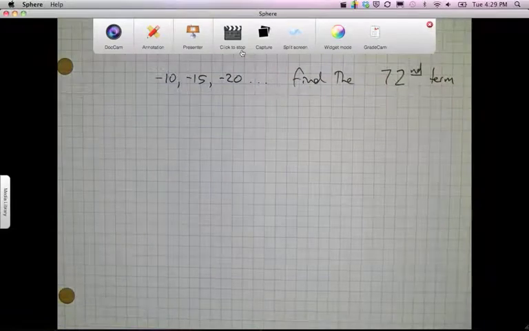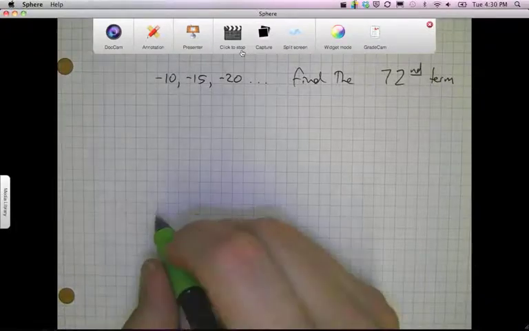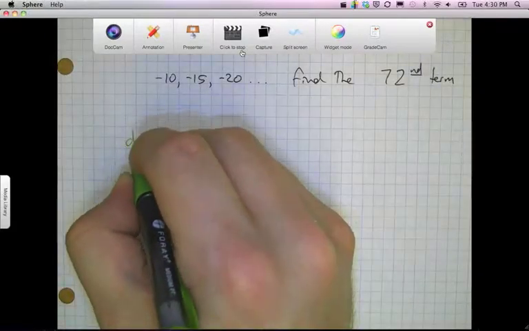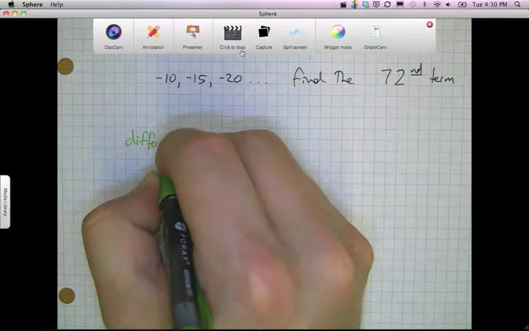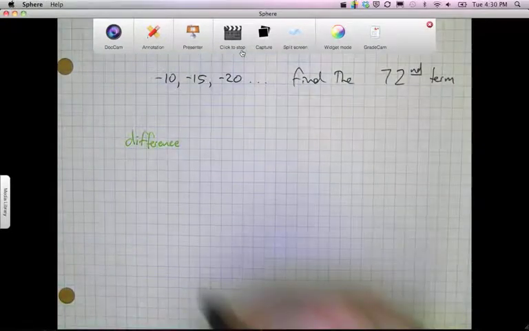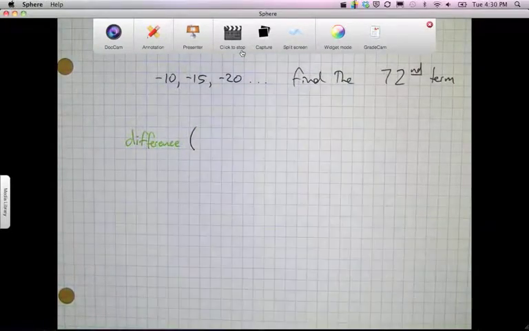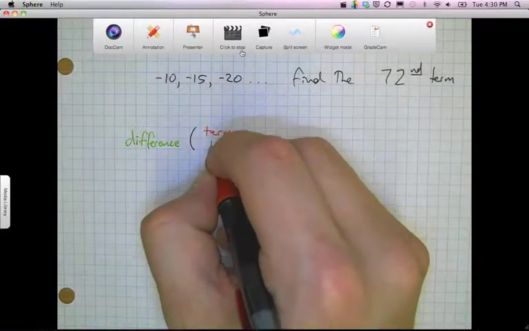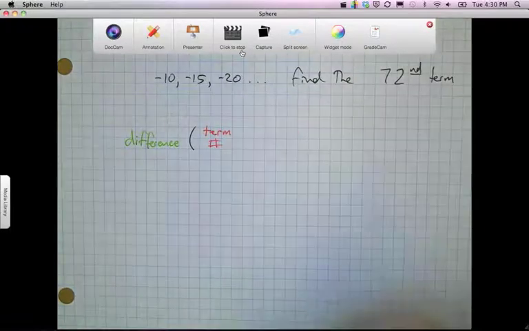Now, if I'm going to do this, I need to go back and look at my original equation for an explicit formula for an arithmetic sequence. I'm going to start by writing the ideas first. You want the difference. You're going to multiply that times whatever term number you're looking for, minus 1.